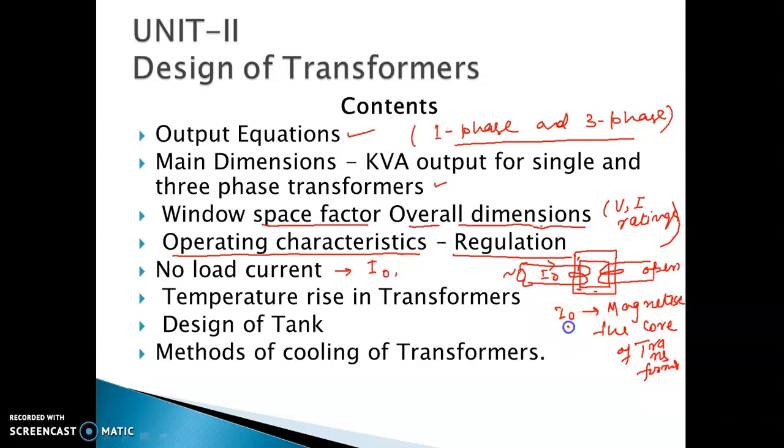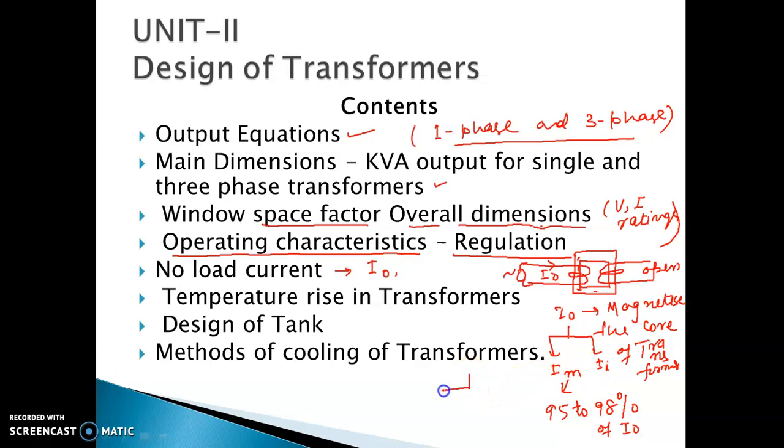This current has two parts. One part is the magnetizing component and the other part is the iron loss component. The magnetizing part is very big: 95 to 98% of I naught, the no load current, goes into the magnetizing part, and the remaining 2 to 5% goes for iron loss.